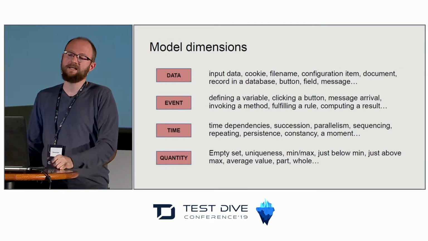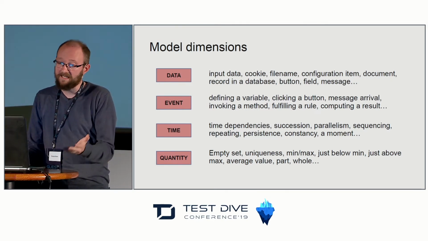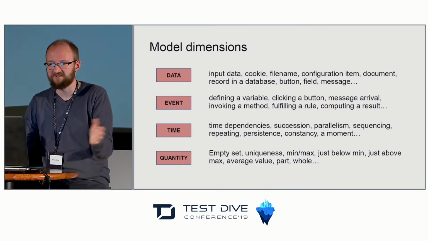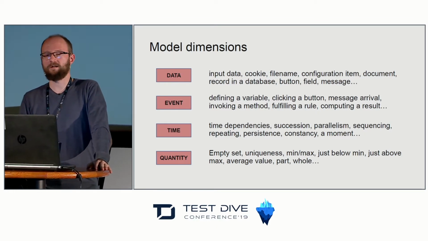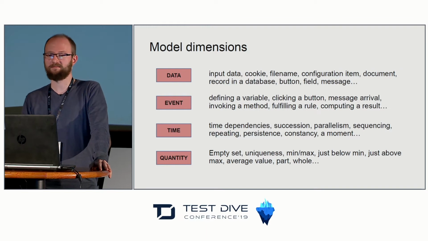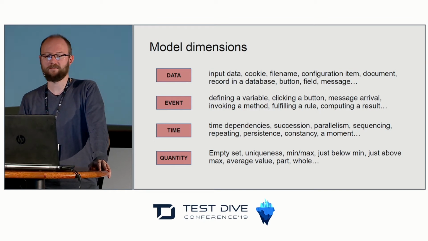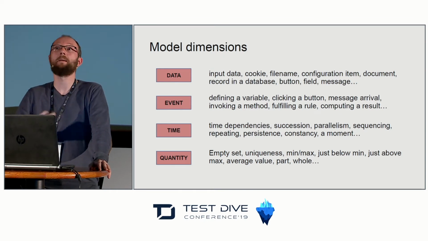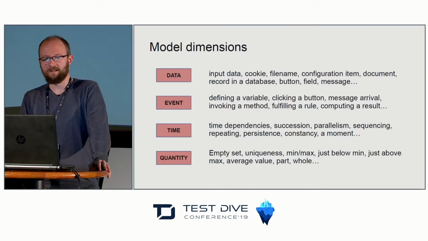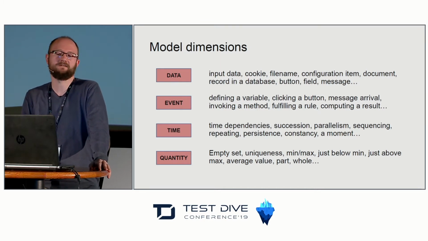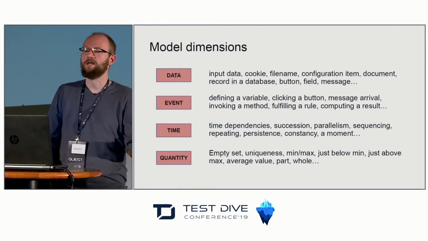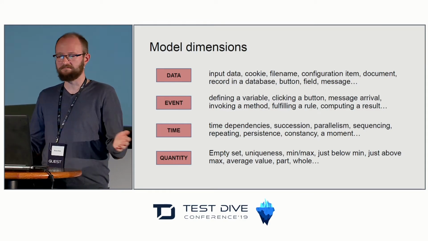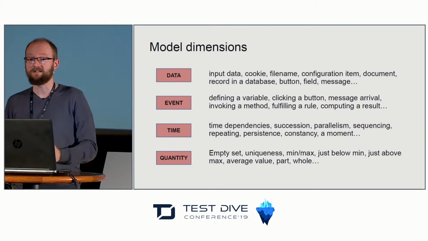So that's the model. And we can relate these concrete characteristics, aspects of software to these model dimensions. For example, data can be any input, it can be a cookie, it can be a file name, some string, it can be a configuration item, a document, things like that. Events may be defining a variable, clicking something in the application, the arrival of a message, invoking some method, and so on. This is something that happens. That's the event. Time can be related with any time dependencies, the notion of succession, or the notion of parallelism, the notion of sequencing, repeating, persistence, anything that we can imagine that is related to time.